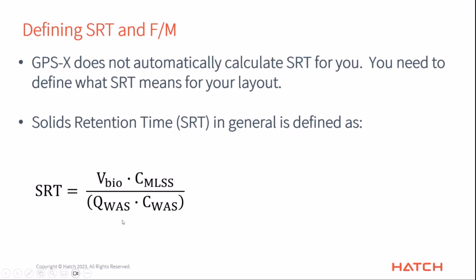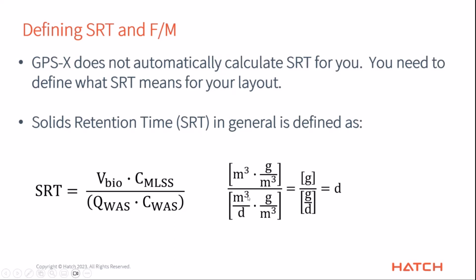And we divide that by the wastage, right? Which is wastage flow, Q WAS, times the concentration of the WAS. So basically, that works out in units to be days. So you're multiplying the mass over the mass per time. When you divide those out, you get days. So that's going to say your SRT is 3 days or 8 days or 25 days or whatever have you.